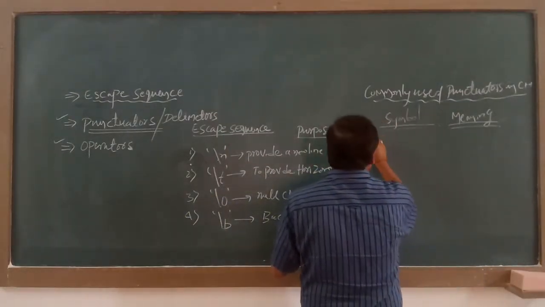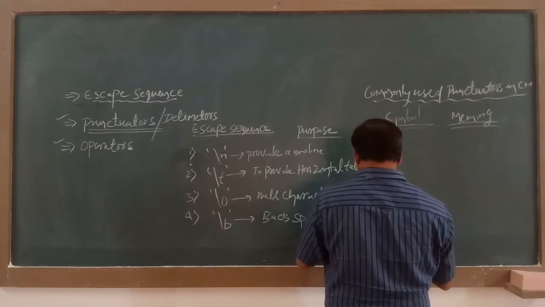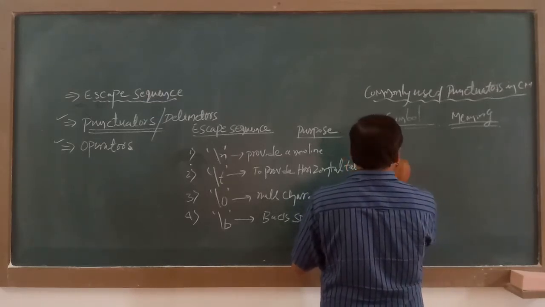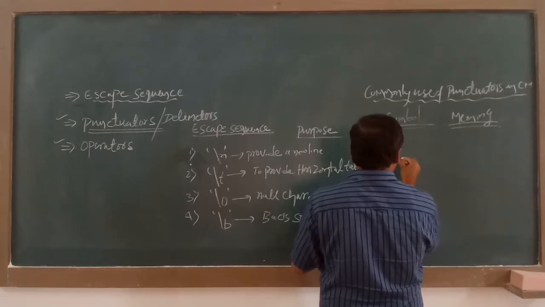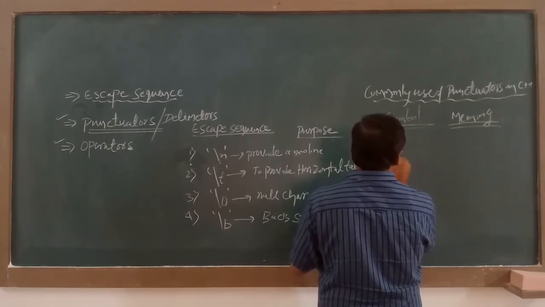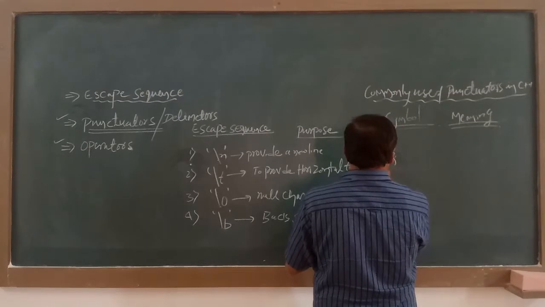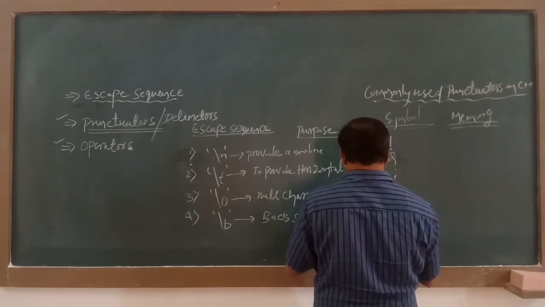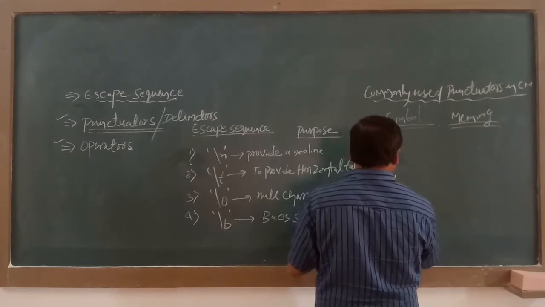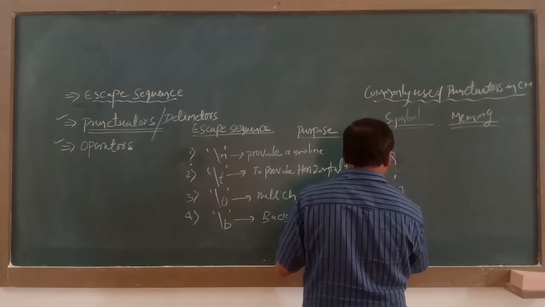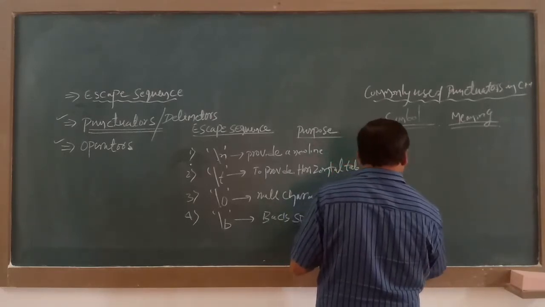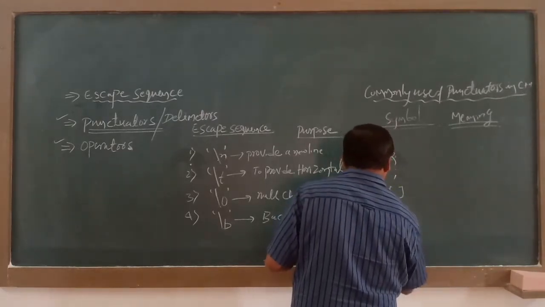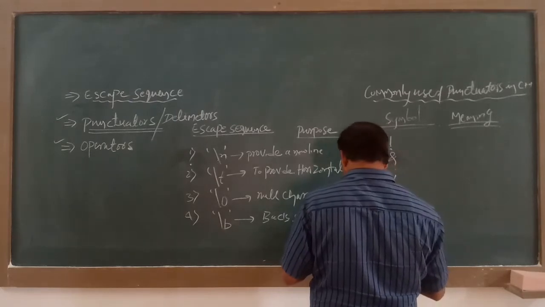The first one is this symbol, and the second one is the ampersand symbol. The third one is the semicolon. The fourth one is the square bracket. The fifth one is the pair of flower brackets. The sixth one is the normal bracket.